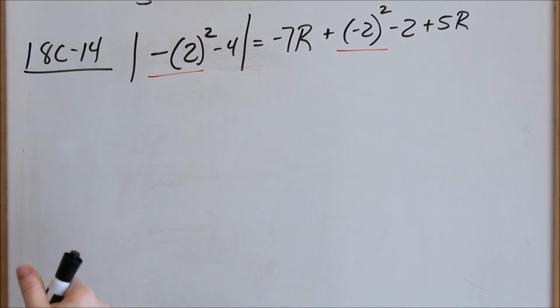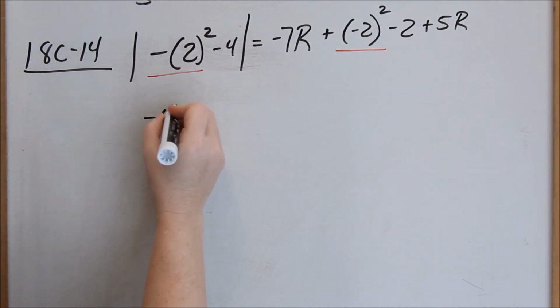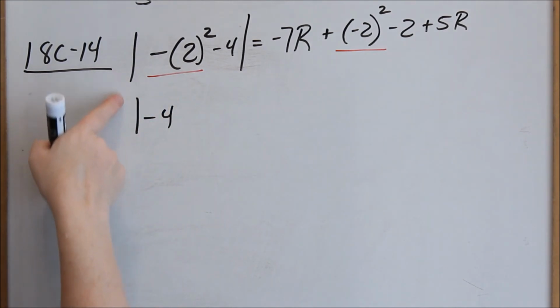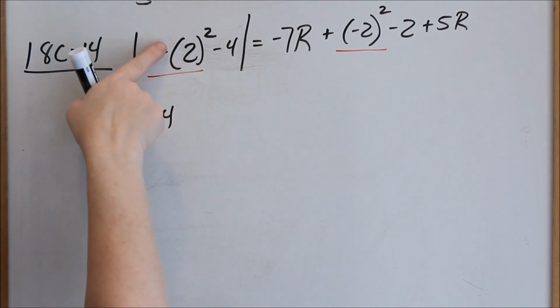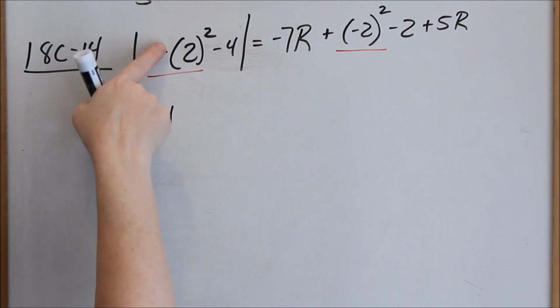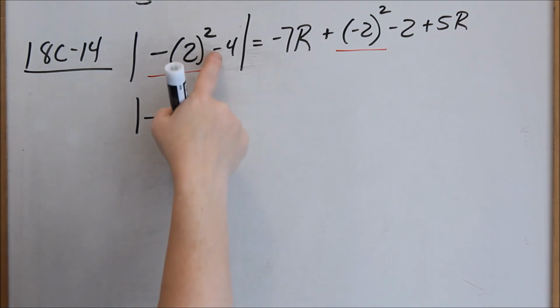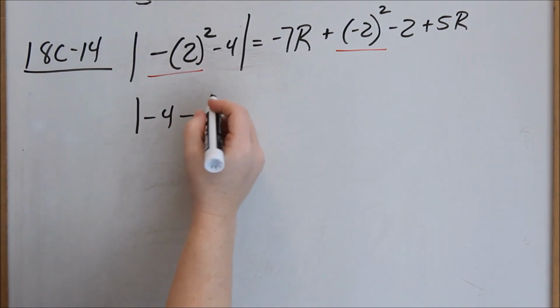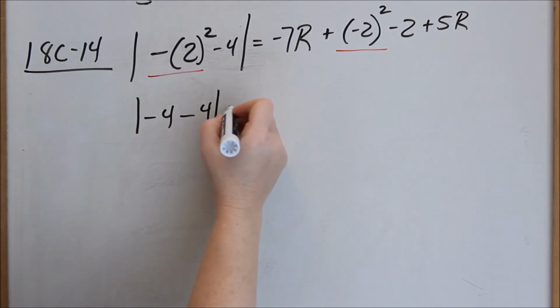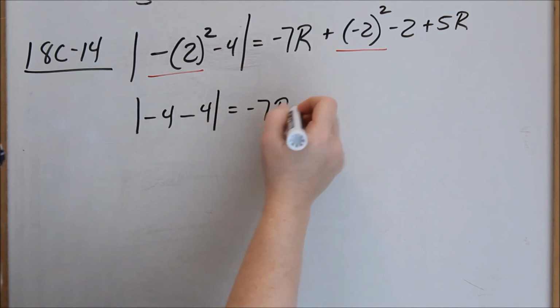So that right there ends up becoming a negative 4. We haven't done absolute value, so don't lose that. So cover that up, do your 2 squared first, then that negative stays out in front. And then this is that subtraction sign, 4. There's the absolute value, negative 7r.